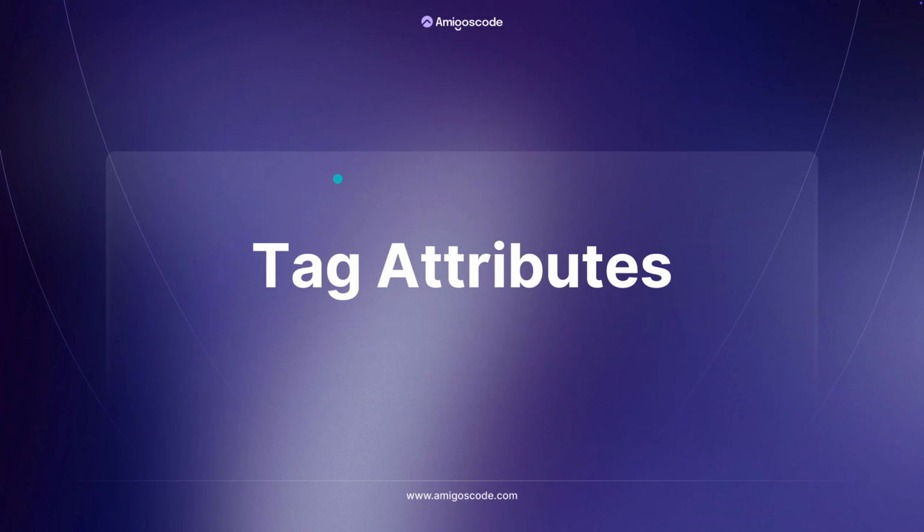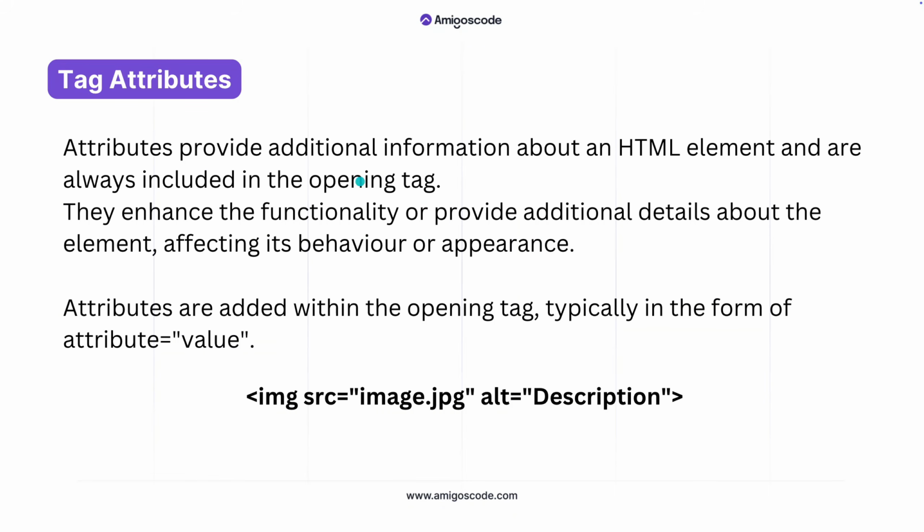Now that you know what tags are, we also have tag attributes. These provide additional information about an HTML element and are always included in the opening tag. They enhance the functionality or provide additional details about the element, affecting its behavior or appearance. Here's an example with an image, for example.